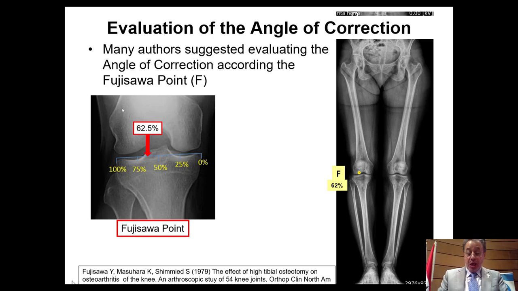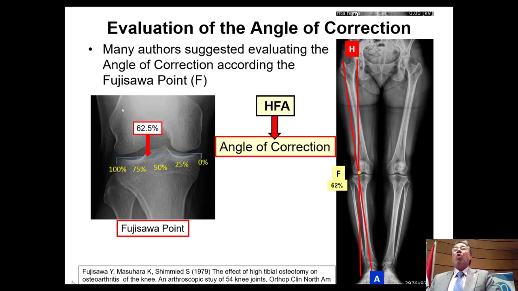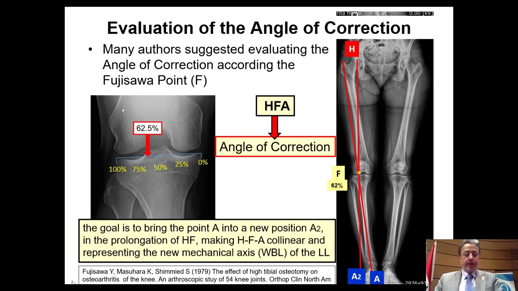Then we draw a line from the center of the hip to the Fujisawa point, and from the center of the ankle to the same point, and the angle HFA will be the angle of the correction. The goal is to bring the point A to the position A2, in order to make the 3 points H, F, and the new A, A2, lie on one line.